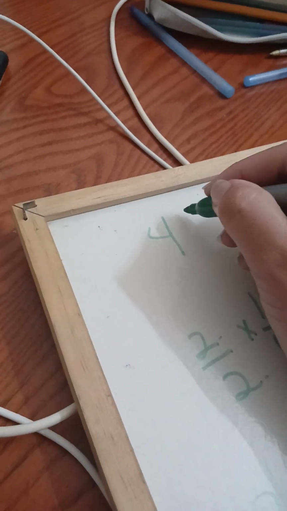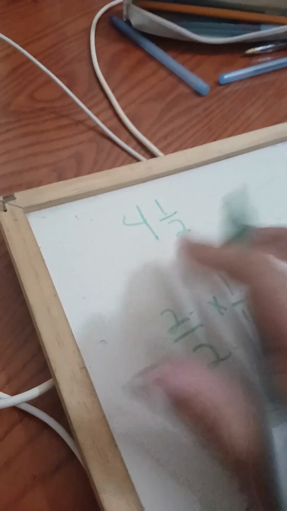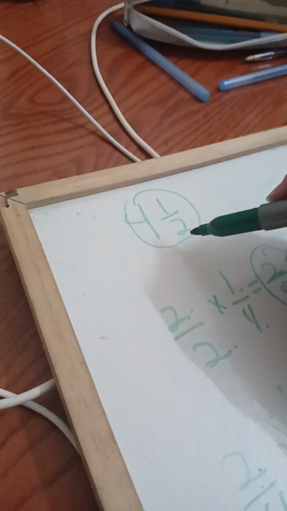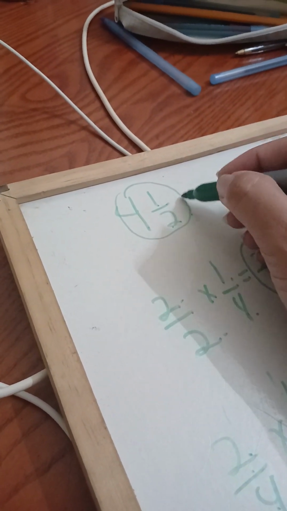Now we go to a mixed fraction, a complete number with a fraction. How do we solve this? Easy. You have to make this mixed fraction an improper fraction.